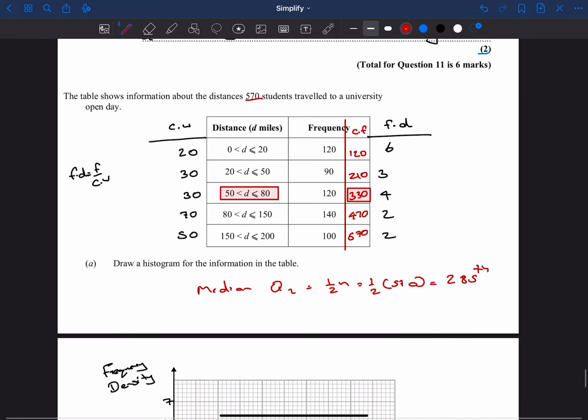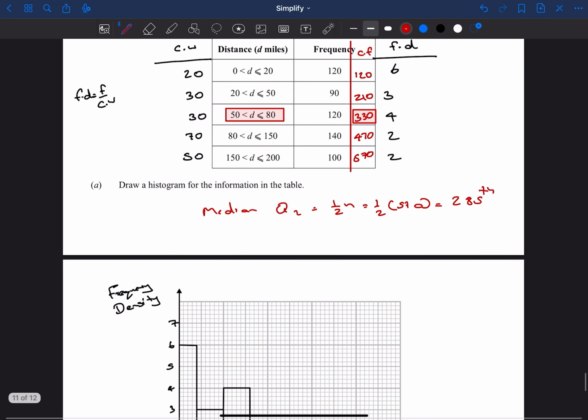This is going to be a bit tricky, just listen to this one. You know the answer is between 50 and 80. Your 50 is the 210th value, and the 80 is your 330th value.